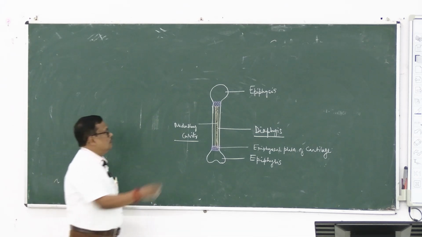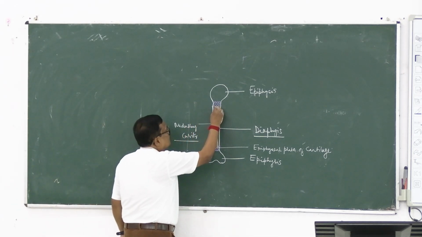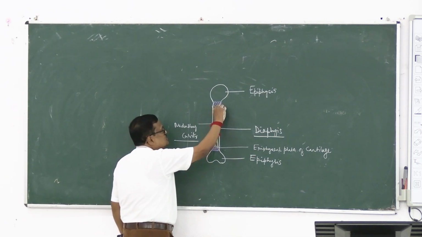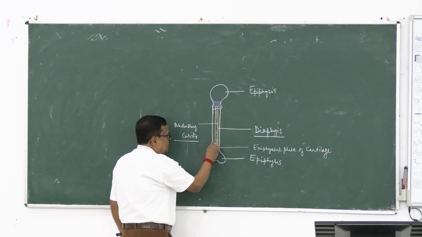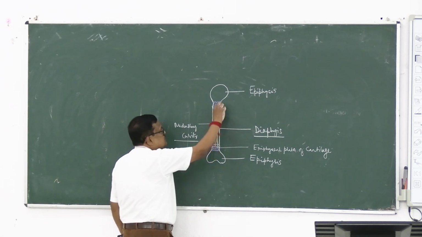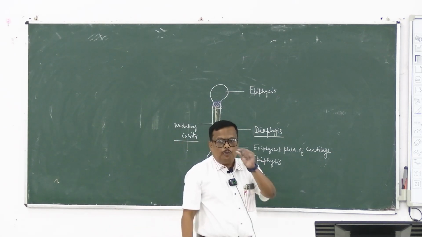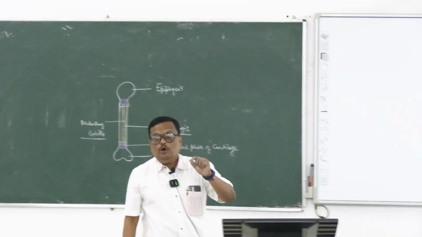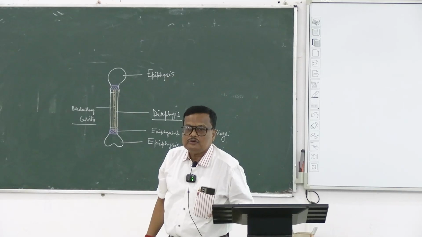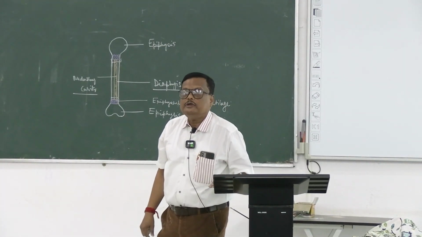Another thing: a part of the diaphysis close to the epiphysis, a small part of the diaphysis close to the epiphyseal cartilage. We call it the metaphysis.